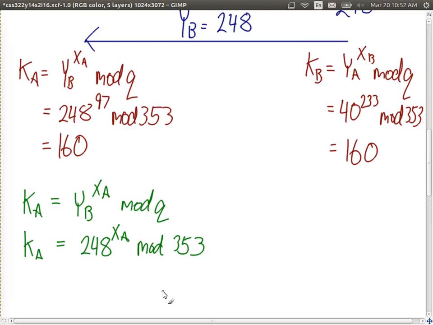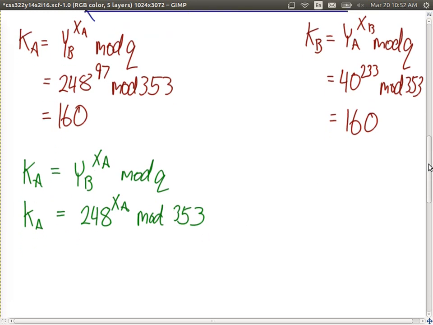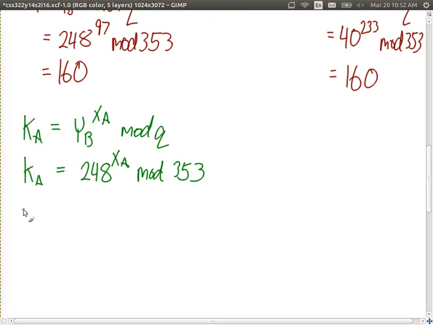What can we do as the attacker now? We can't find Ka because we don't know what Xa is, so that suggests we try and find Xa. We know a second equation which says that Ya equals alpha to the power of Xa mod q.